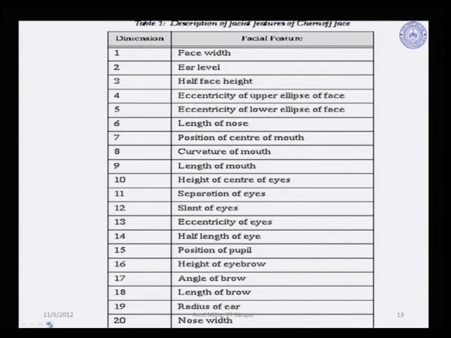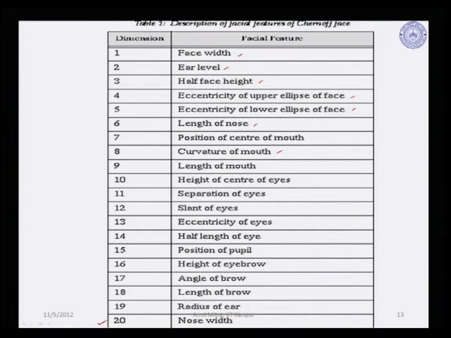In the Chernoff face, the dimensions of the data are associated with facial features like face width, ear level, face half length, eccentricity of the upper ellipse of the face, eccentricity of the lower ellipse of the face, length of the nose, curvature of the mouth, and so on. In the original formulation of the Chernoff face, and as it stands now, we have 20 facial features that can be captured in such a facial representation.